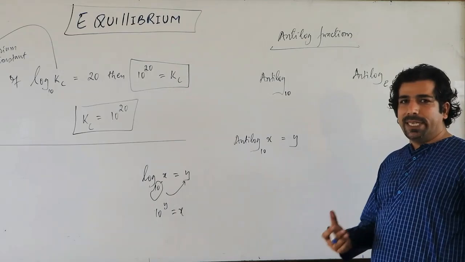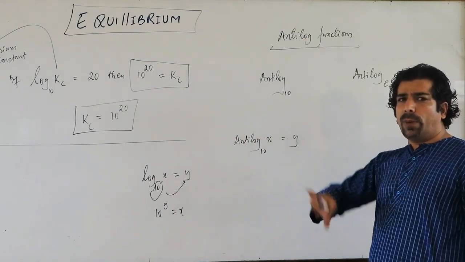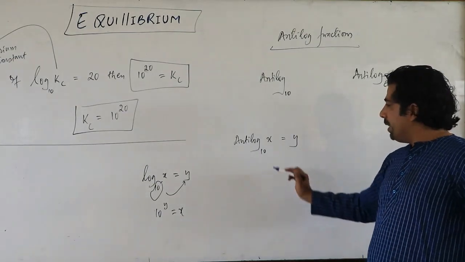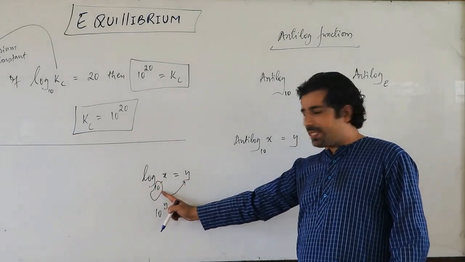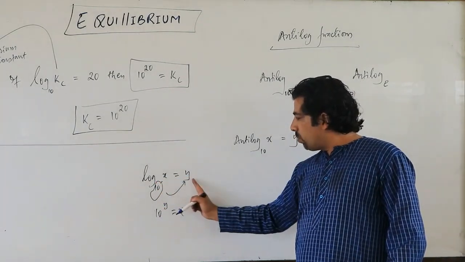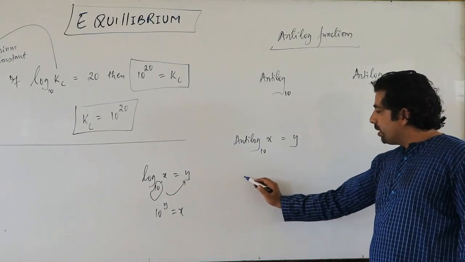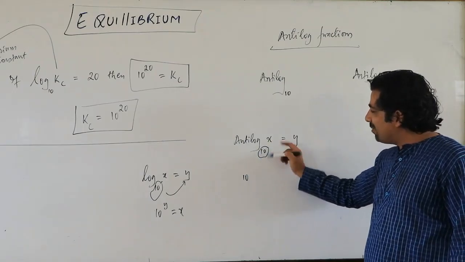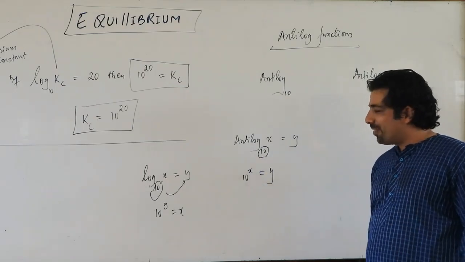It is obviously the opposite. Log and antilog are two opposite, inverse things. When it was a logarithm, we took base 10 raised to the power y is equal to x. But here it will not be like this. It will be 10 raised to the power x. That means this x will come as a power of 10. So 10 to the power x is equal to y, my dear friends.